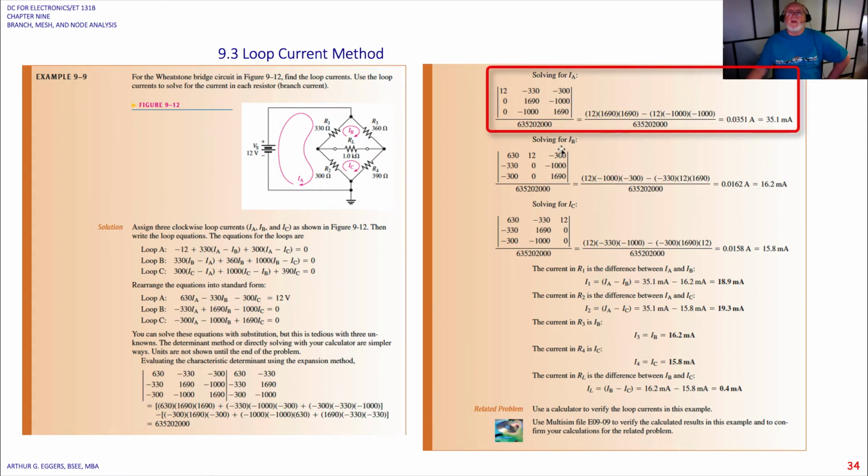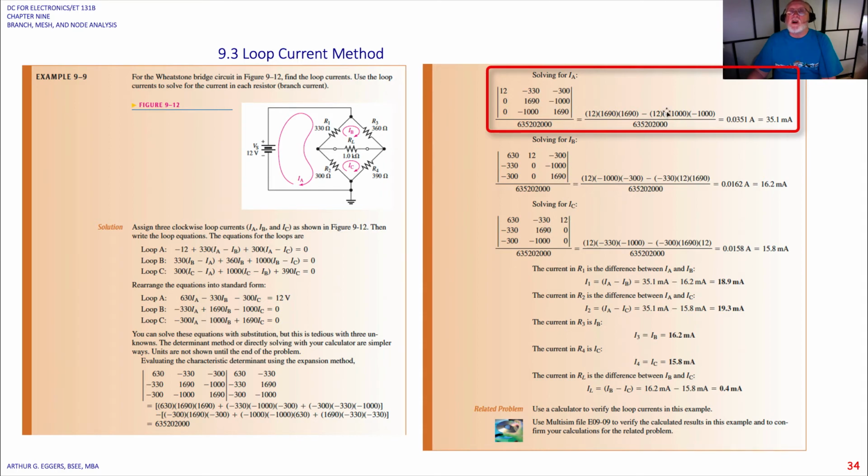Then we're going to solve for A, B, and C by solving for the determinant for each one of these. So again, you start with your characteristic determinant in the denominator, and in the numerator we've got each of our individual determinants or matrix arrays for that particular circuit.